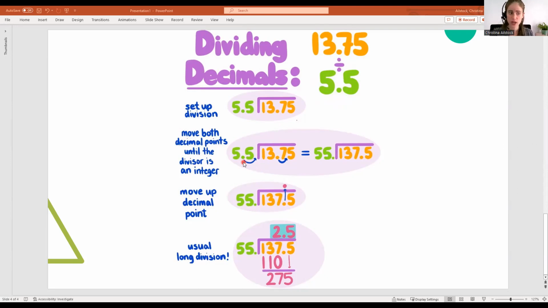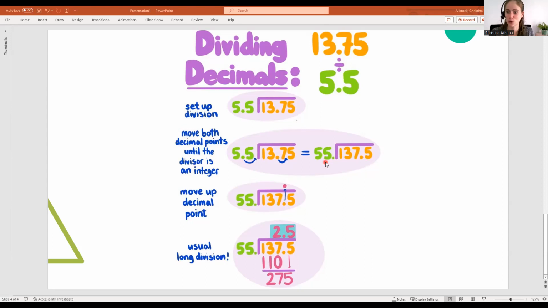We need to move that decimal point as many times as needed to turn it into a whole number or an integer. So in this case, we would need to move it one time to turn that 5 and 5/10 to a 55.